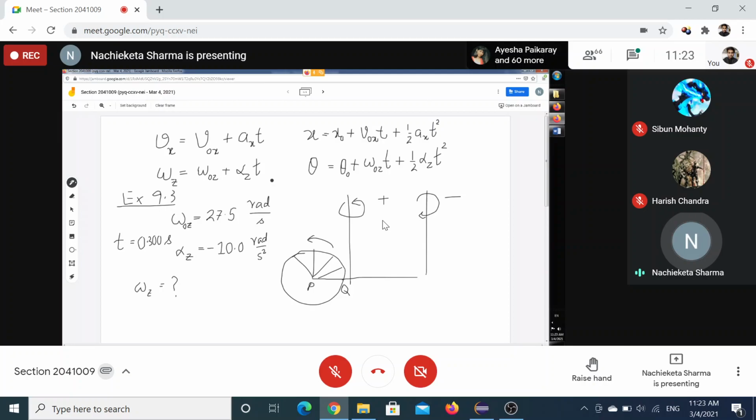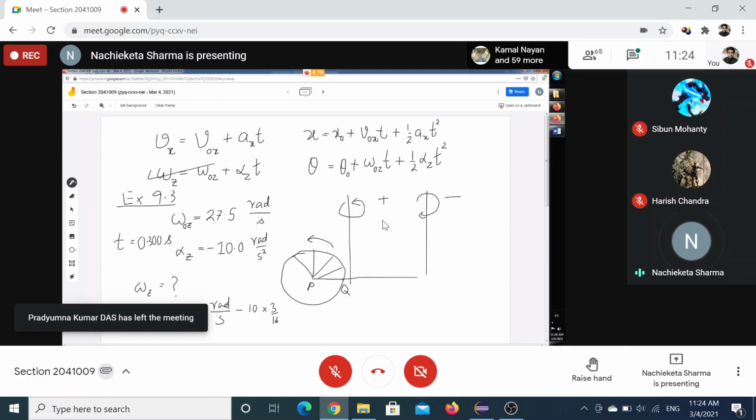Now you see, I will use the first formula, and I will get my omega z. My omega z will be omega naught z, so I will write 27.5 radian per second, plus alpha z t, but my alpha z is minus, so minus 10 radian per second square into time, which is 0.3, that is 3 by 10.